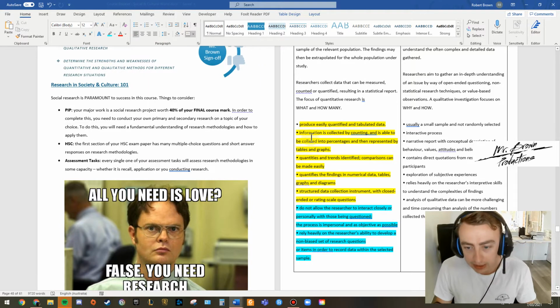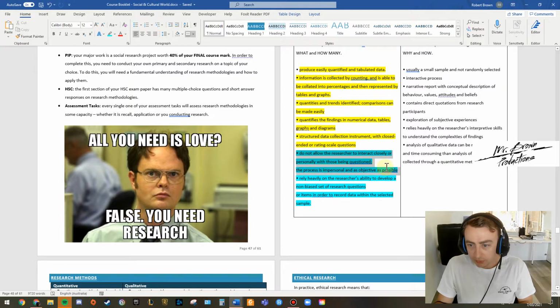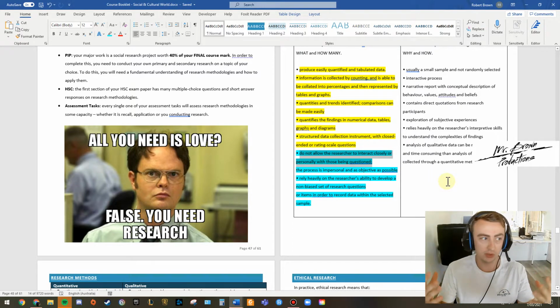So the first weakness is that it does not allow the researcher to interact closely or personally with those being questioned. The process is impersonal and as objective as possible. A lot of, or most, quantitative data is again done via technology, things like Google Forms or SurveyMonkey. You as a researcher aren't interacting with the person.